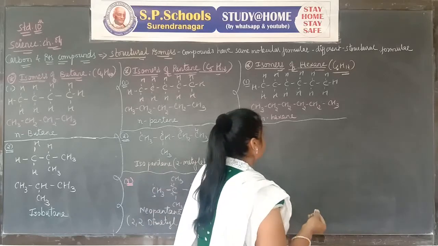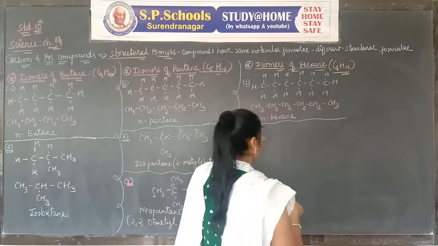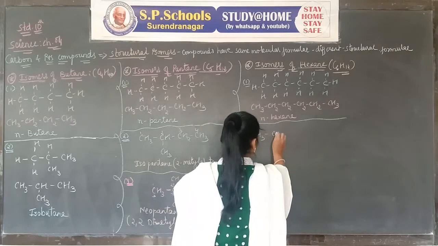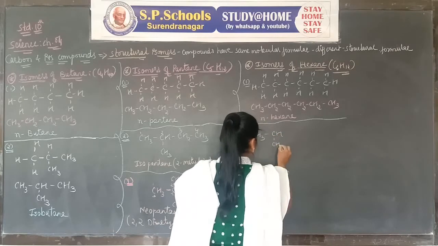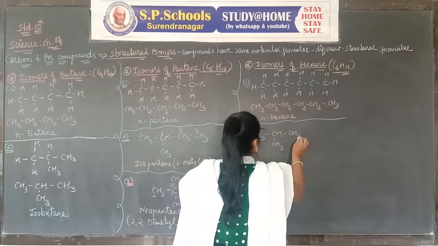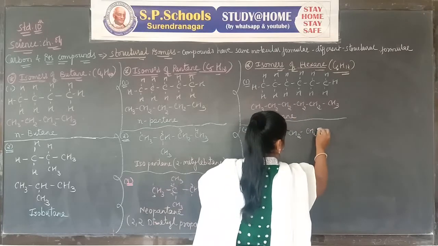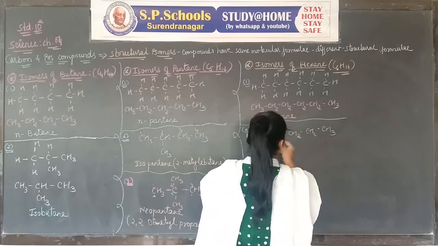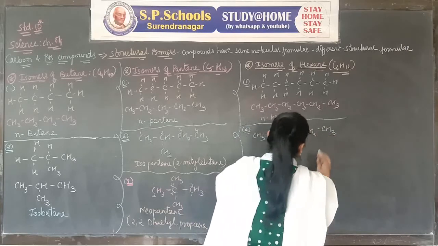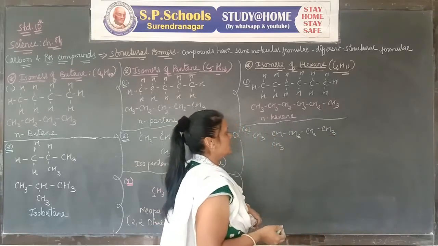If a methyl group is present on carbon number 2, CH3, CH, CH2, CH2, CH3, 1, 2, 3, 4, 5 and 6, CH3.